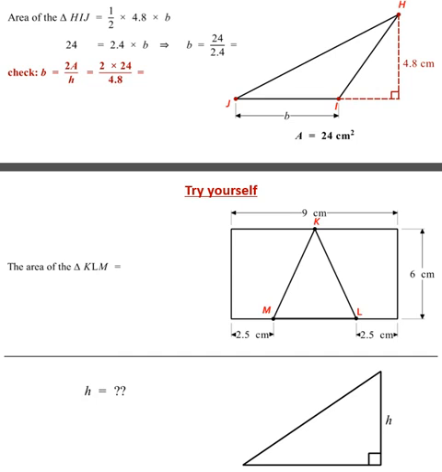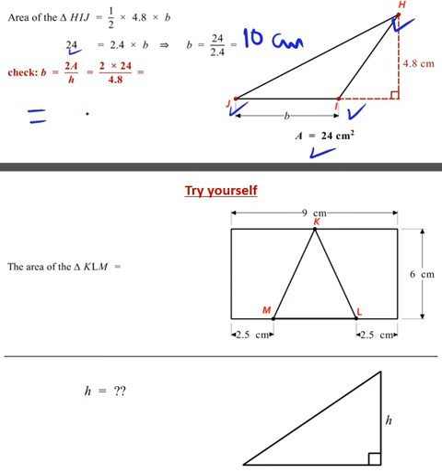The area of the triangle HIJ is equal to 24 square centimeters and the height is 4.8 centimeters. By substituting, area 24 equals half times 4.8, which is 2.4, times base, then base equals 24 divided by 2.4, which is 10 centimeters.